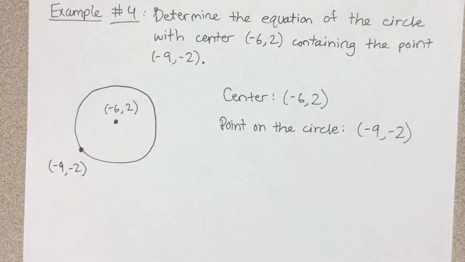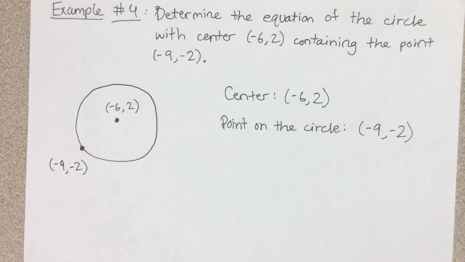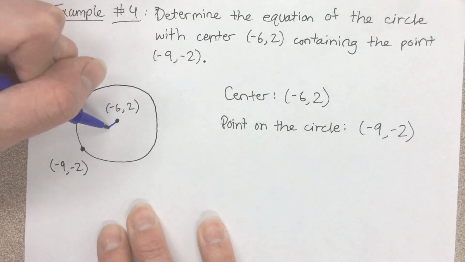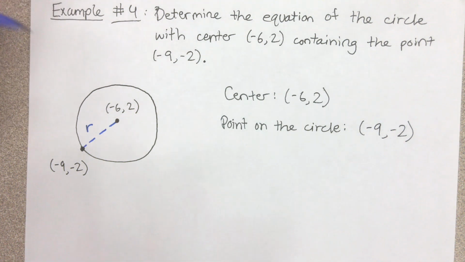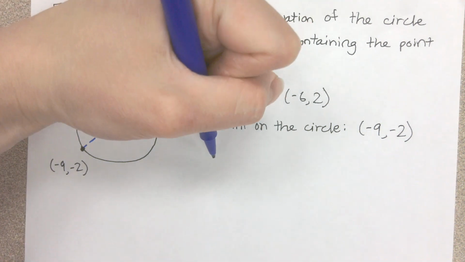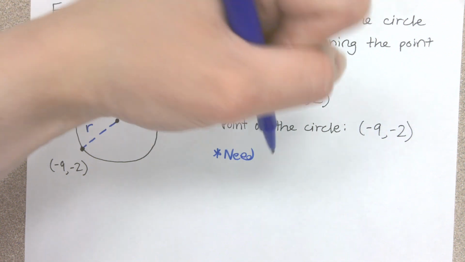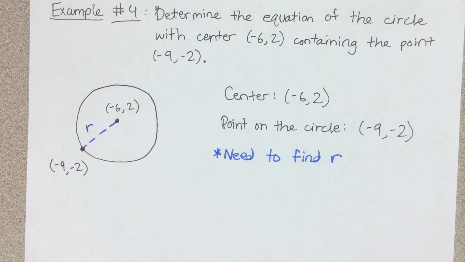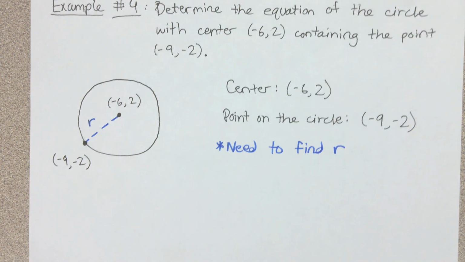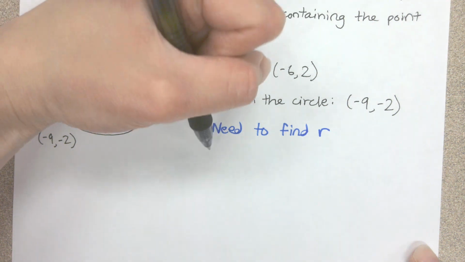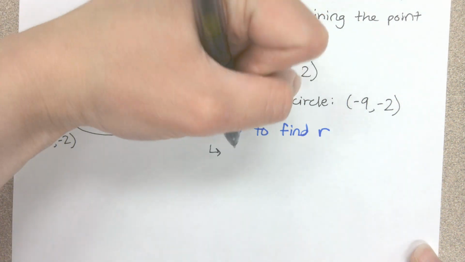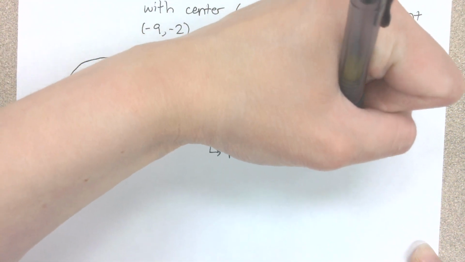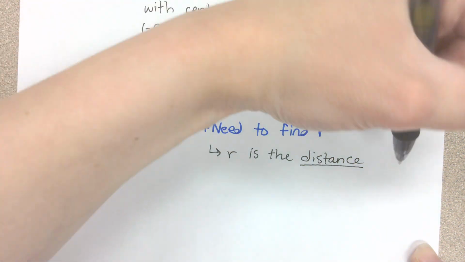To make our equation, you have to have the center and the radius. We clearly already have the center, but we don't have the radius. So the radius would be the distance from the center to that point. That's what we need to find. And to give you an idea of the direction we're going in, to find that, r is the distance between the given points.